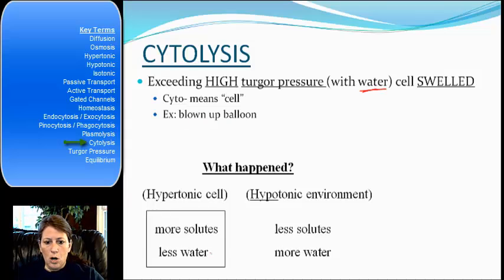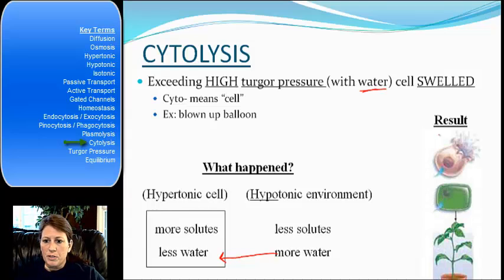In this case, the water has moved in, and so the result, the diagnosis, would be that in this animal cell, when I have too much water going in, it could burst. Now this doesn't happen all the time. There are certain diseases or conditions where this would happen. The reason why is because of the thin membrane. If I keep blowing up a balloon and putting too much air into it, it could explode.